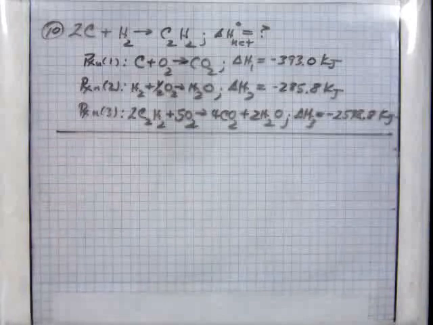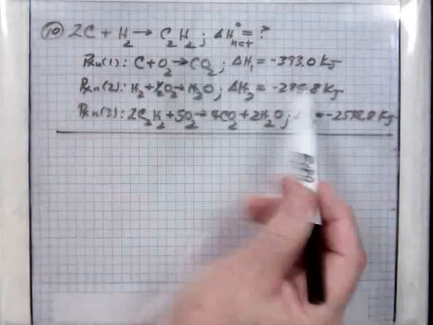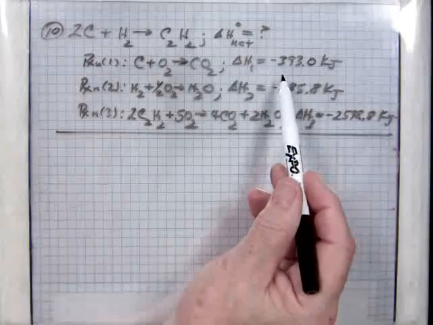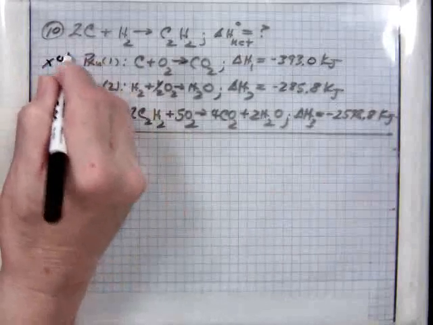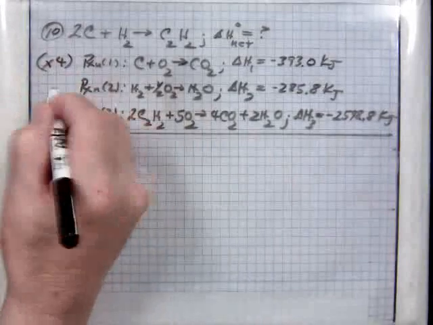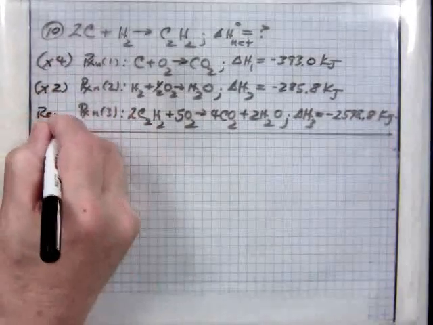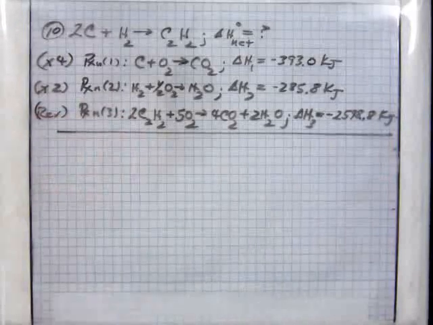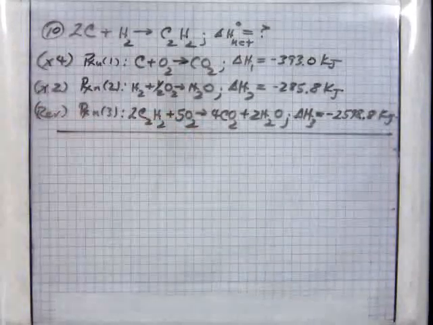Now, long story short, if you look at the arrangement that we have here, what you're going to find out is we're going to have to multiply this one by 4. And the second one we'll have to multiply by 2. And we're going to have to reverse the last reaction. So we'll start with these two. I am shortcutting, so bear with me.